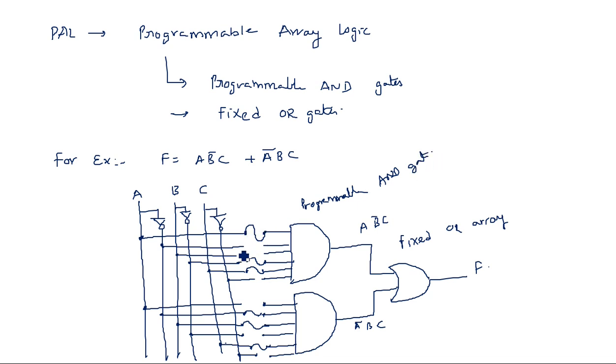Suppose I have 5 inputs: A, B, C, D, E. If 5 inputs are there, how many inputs should the gate have? 5 inputs means 5 into 2, because there are 5 true forms and 5 complement forms.